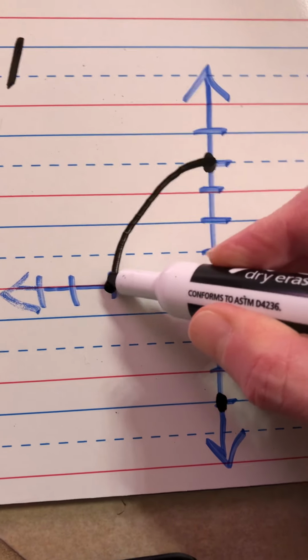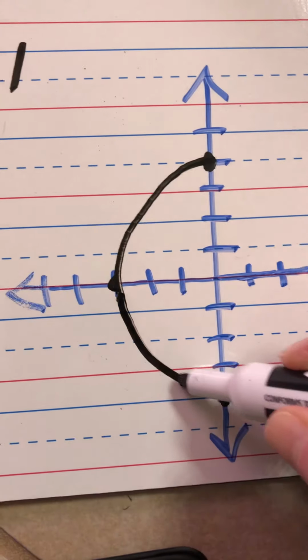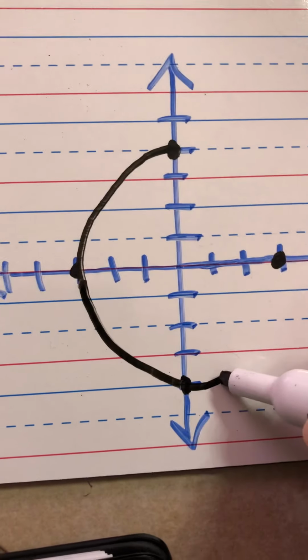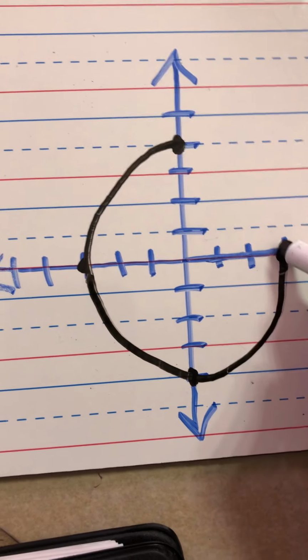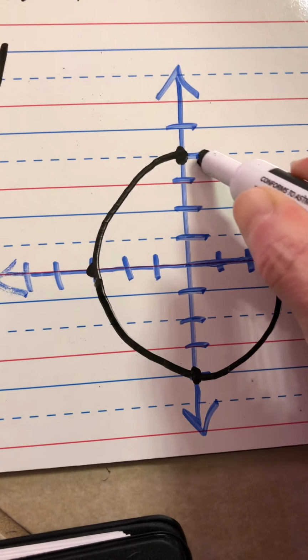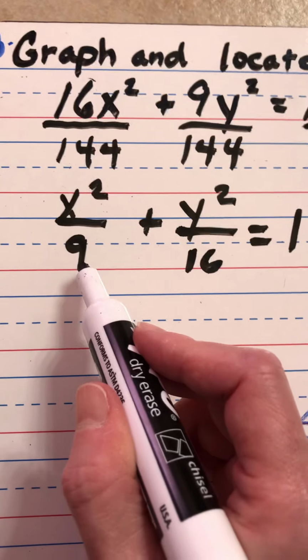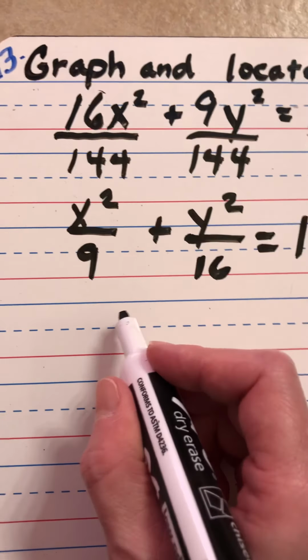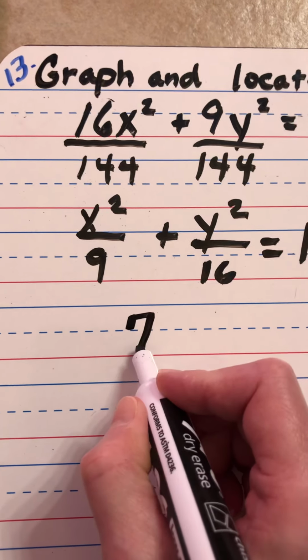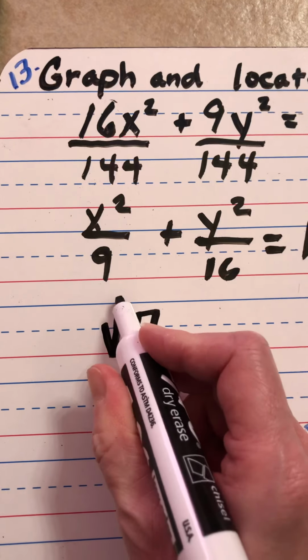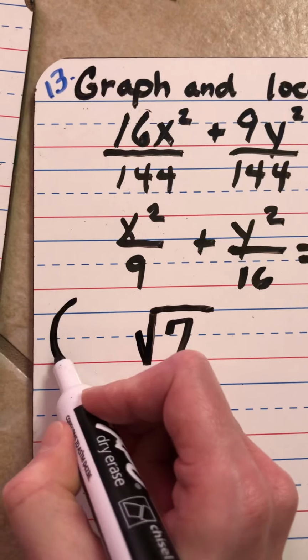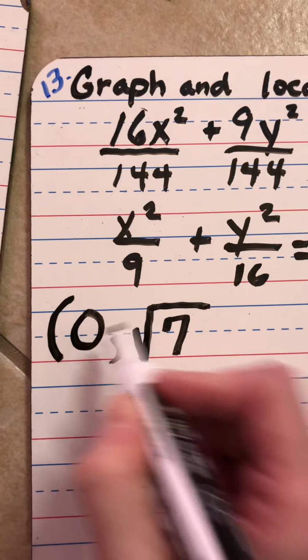Draw your ellipse. And then to locate the foci, they're going to be on the longer axis, which is the y-axis. Just take 16 minus 9. That's going to be 7. Take the square root of 7. And since it's on the y-axis, x would be 0.